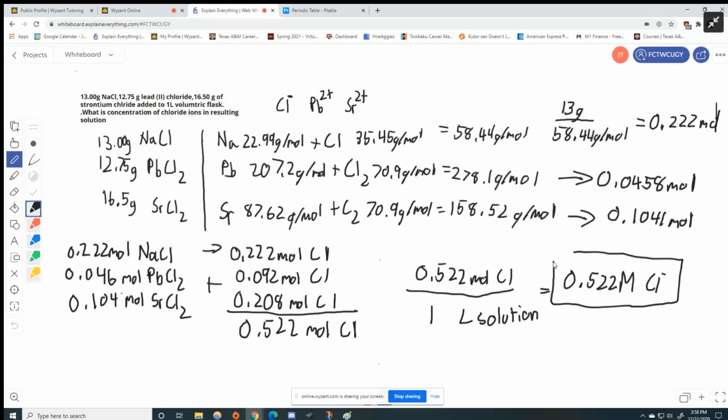And this will be your solution, the 0.522 molarity.